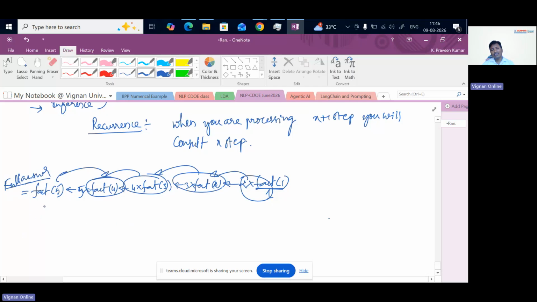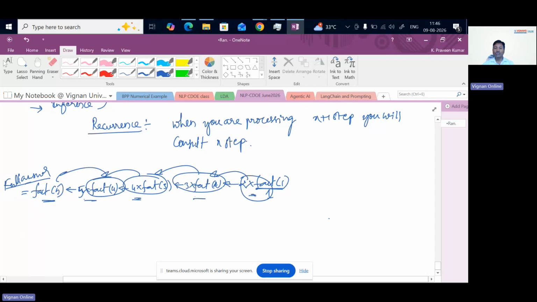See, this is sequential processing, one after the other you are trying to understand. To understand this one, you need to understand this. To understand this, you are depending on this one. To understand this, you need to depend on this one.